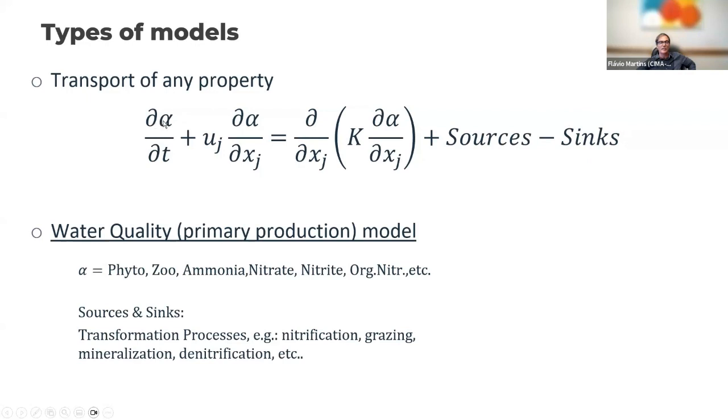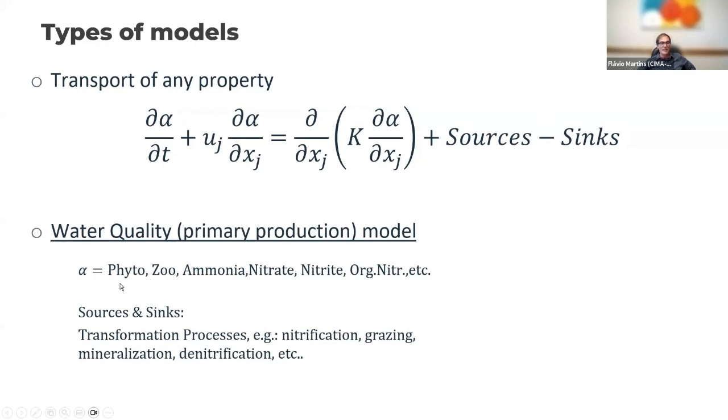But if instead of V, we have a certain concentration of some property, this is the standard equation for every component of every property. It can be concentration of ammonia, concentration of nitrate, and can also be concentration of phytoplankton and zooplankton and so on.